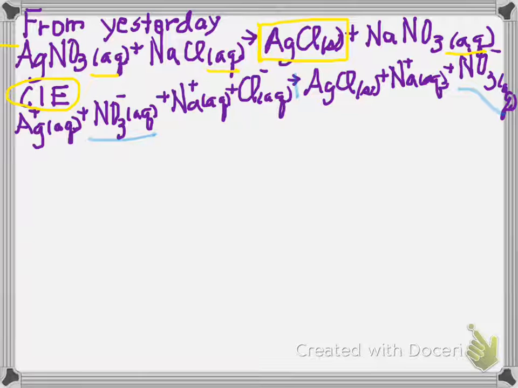So nitrate, remember, was one of our spectator ions. Sodium, Na plus aqueous on the reactant side and Na plus aqueous on the product side. So it is a spectator ion as well. And then chloride, negative 1 aqueous, is aqueous, and then it's a solid. Okay, so our spectator ions I've underlined in blue here. It's nitrate ion and sodium ion.